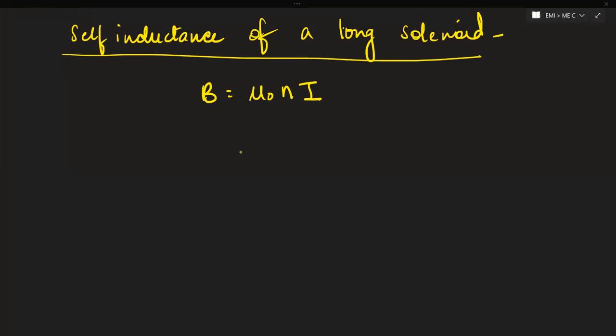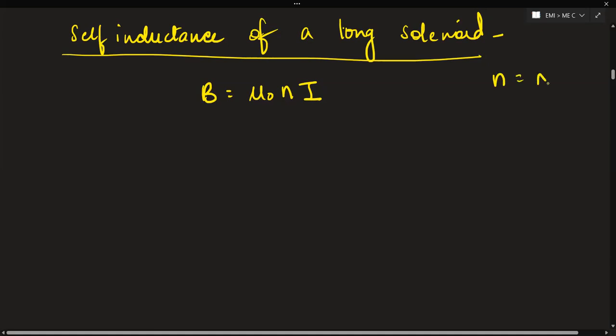Not only number of turns, Akifa. It is number of turns per unit length, not just number of turns. Remember, that's why in case of a toroid, we have n divided by 2 pi r. Fine. So B is equal to mu naught n i.